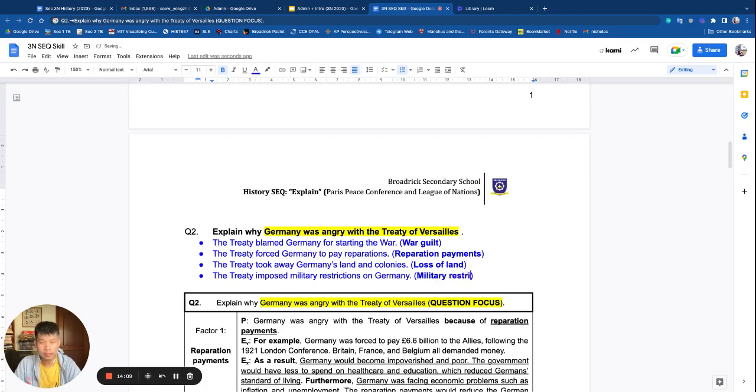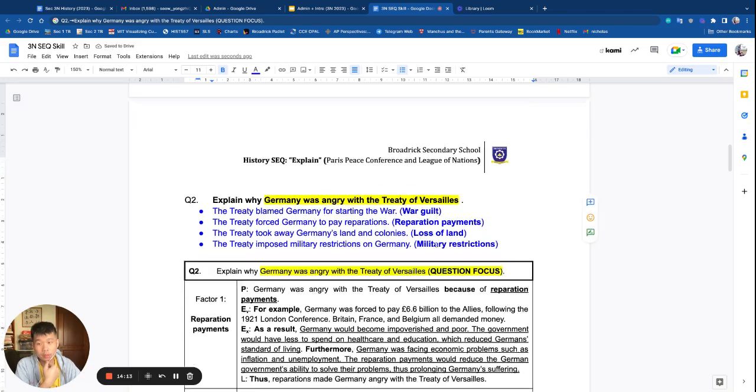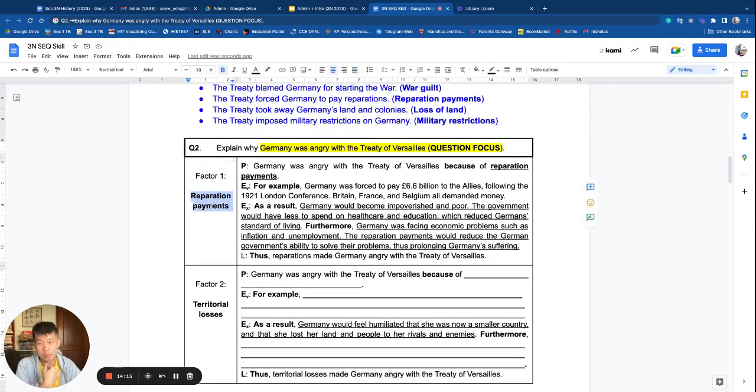And you see that factors are just the answers to the question. And I picked 2 out here in this box. I picked reparation and territory, or in other words, land. I picked these 2 factors to talk about. You could test yourself, you could challenge yourself and pick the other 2 to write about after I show you how to write the explain essay. Okay? So I just picked out 2.